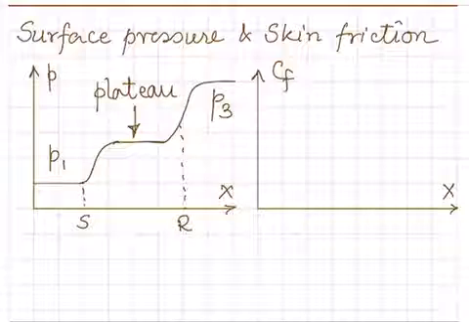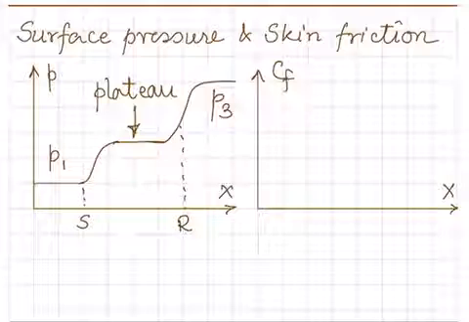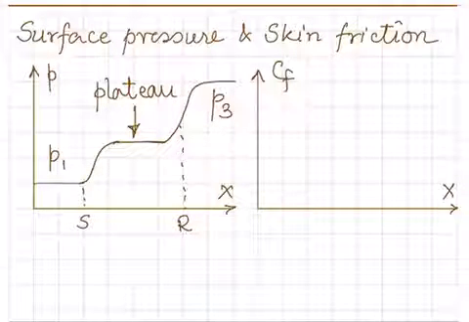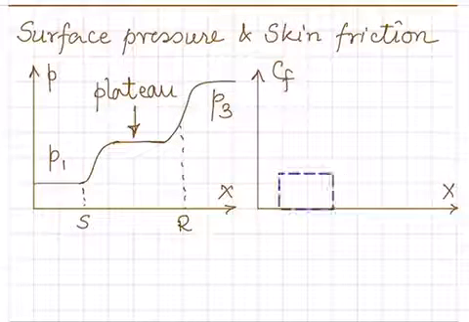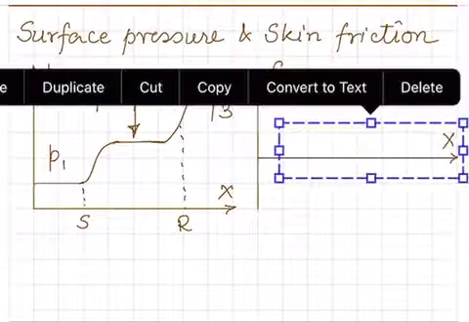Okay, now the skin friction plot also has a very similar pattern as the compression corner. Let me move the axis to a point where, let's say, 0 is here.